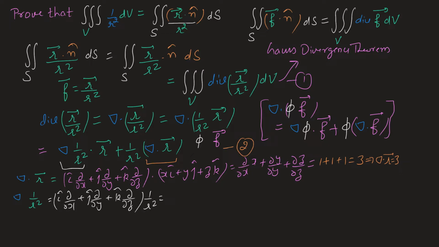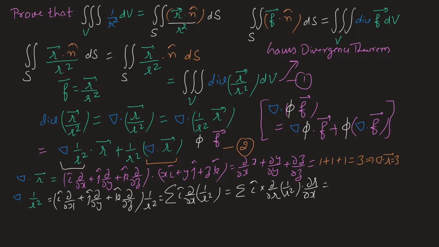So this will be the summation of i cap times the differentiation of 1 by r square with respect to x, which, because it is a composite function, can be written by composition using curly r by curly x.